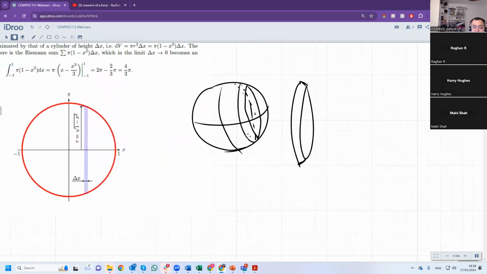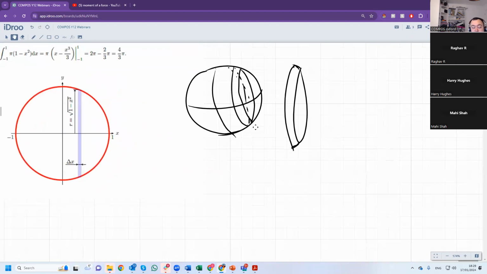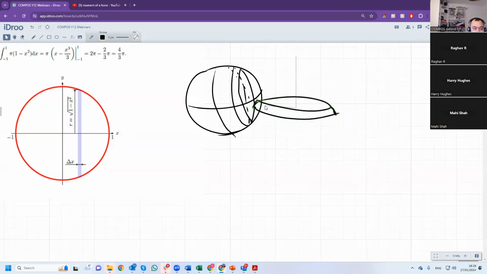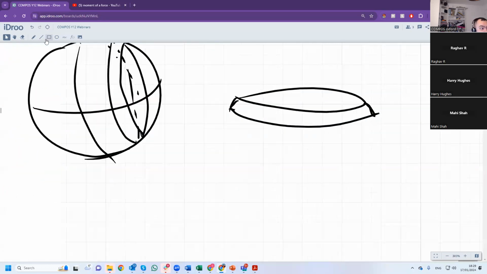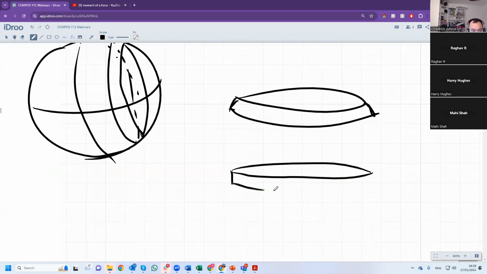It's almost like a cylinder. So if you flip the slice, it's almost like a cylinder. So you can say that it's approximately a cylinder.